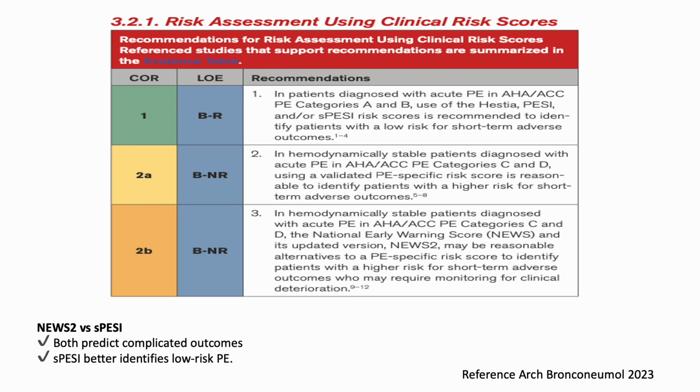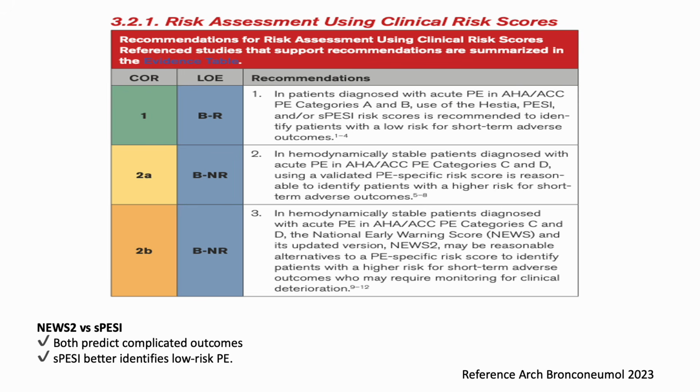Thirdly, they talk about a new score. The new score is the National Early Warning Score, and there is a new updated version for this score, the NEWS 2 score. This score is also given in the list of the scores recommended by the guideline, and they mention as a 2B recommendation that in hemodynamically stable patients with acute PE in category C and D, you can also do the NEWS or the NEWS 2 score as an alternative to a PE specific risk score.